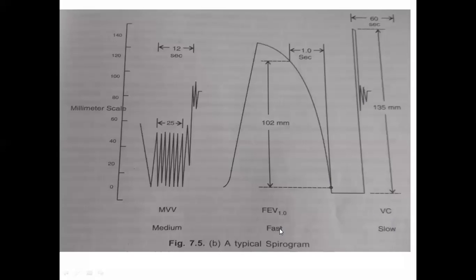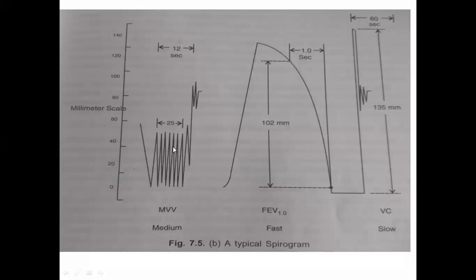At that moment we will record the output of this parameter, which will be produced as this type of waveform. Next, with the medium speed, we will record the maximal voluntary ventilation.